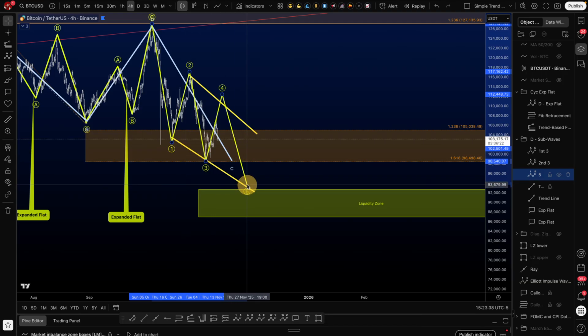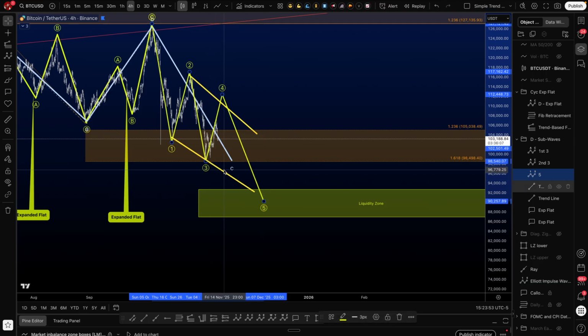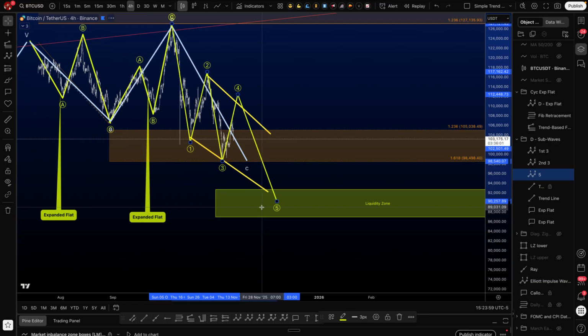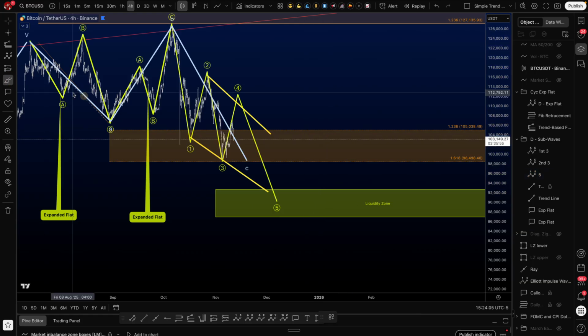And if we go down that far, I just see the likelihood of us going further to sweep that liquidity, close out those longs, especially for market makers and manipulators, and that would support a throwover of this line.